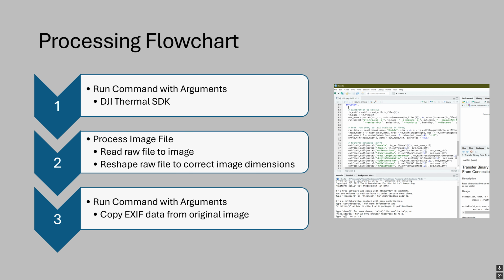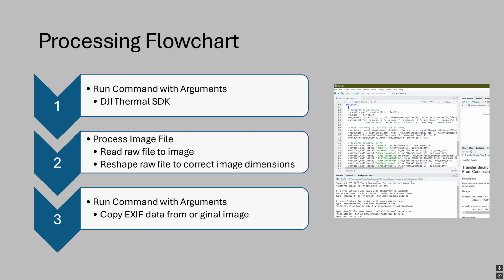Really, how this script and most of these scripts work, irrespective of language, is that you want to run a command. You would start out by running the DJI Thermal SDK, which is simply a command line tool, and this will convert the input image into a radiometric image where each pixel has a temperature value.